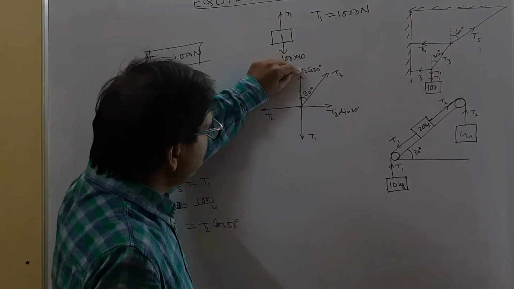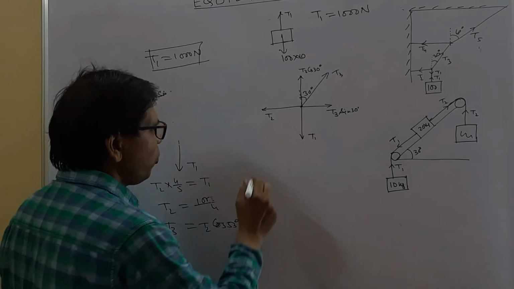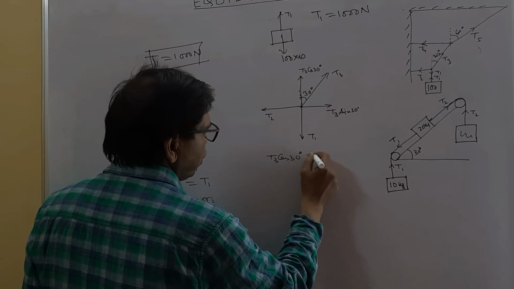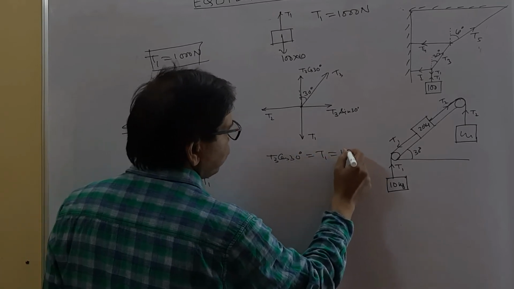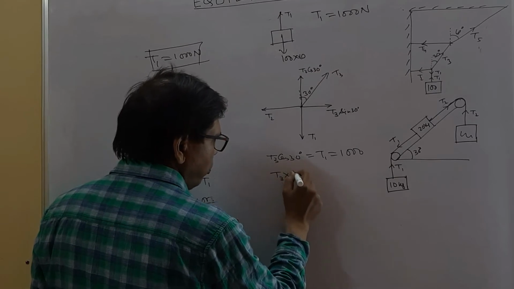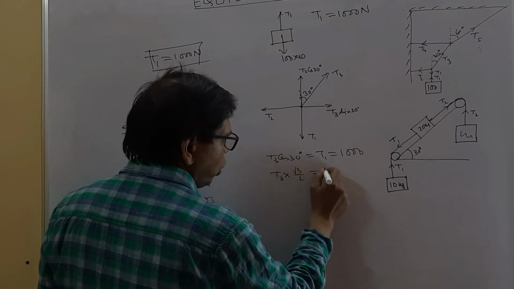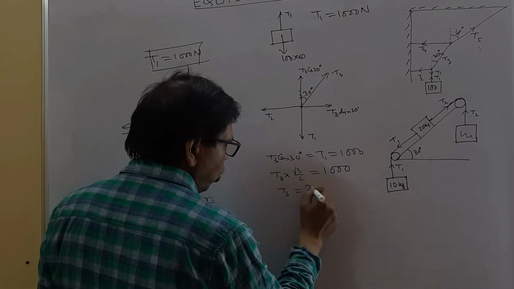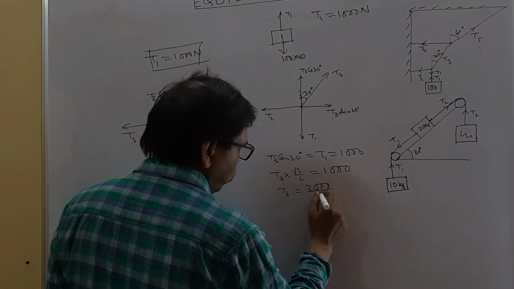Now this force equals this force. So T3 cos 30 degrees equals T1, which is 1000. T3 into root 3 by 2 equals 1000. Therefore T3 equals 2000 by root 3.